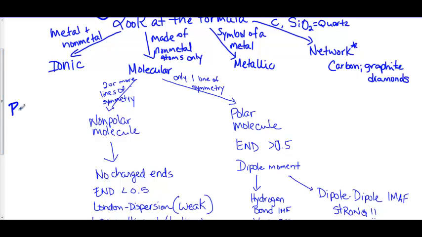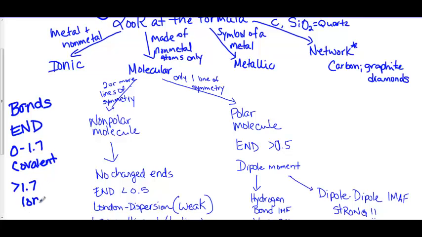Remember, if we're looking at bonds, okay, electronegativity differences will be 0 to 1.7 for covalent and greater than 1.7 for ionic. That's when we're talking about the bonds.